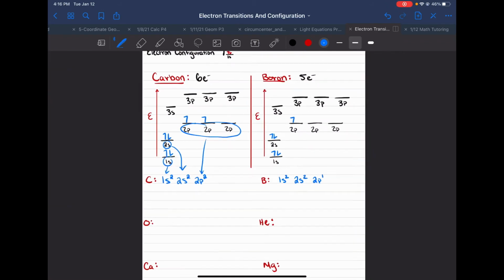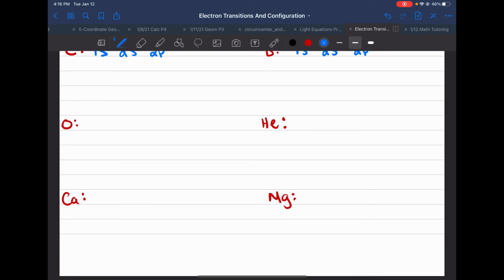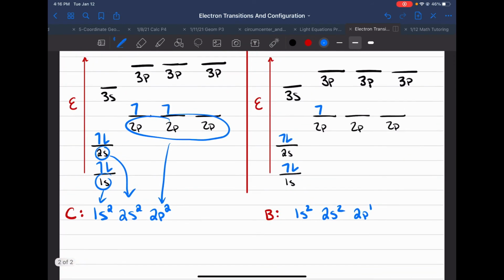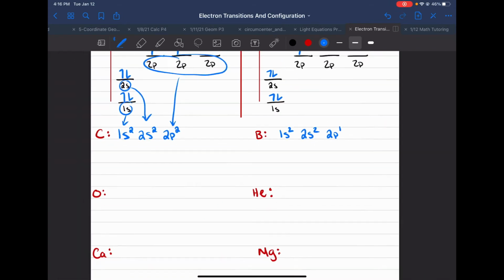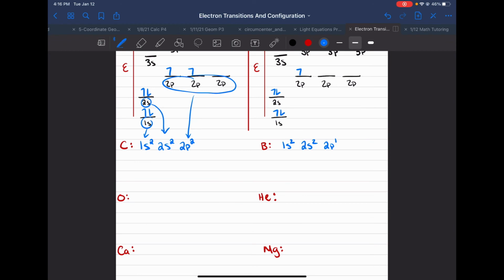Okay? Now what I want you to do is take some time and do the exact same process, but with each of these. Now again, we may fill up all the way through our 2p, but we know what's next, which is 3s and 3p. So feel free to use these as your templates to answer these questions. So write down again, every element has this configuration of orbitals.